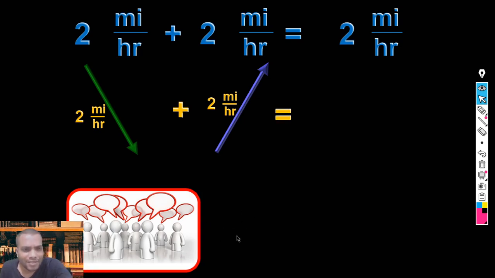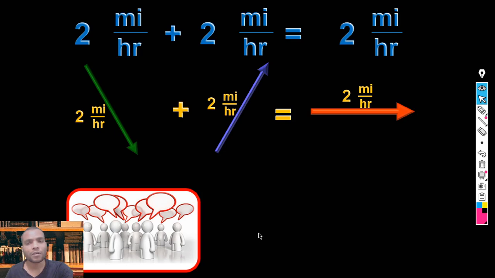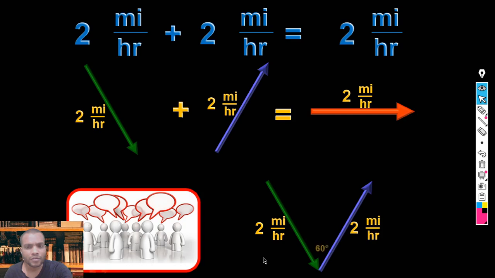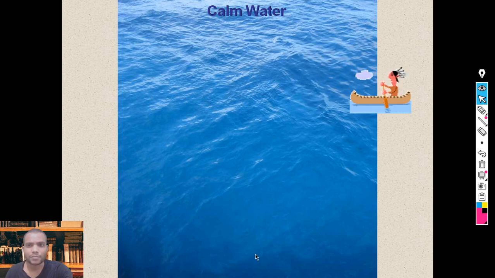So what is your resultant velocity? So your resultant velocity and direction, they both will change. Because they both are vectors, we need to add those two vectors to get the resultant. So this is the importance of vectors.